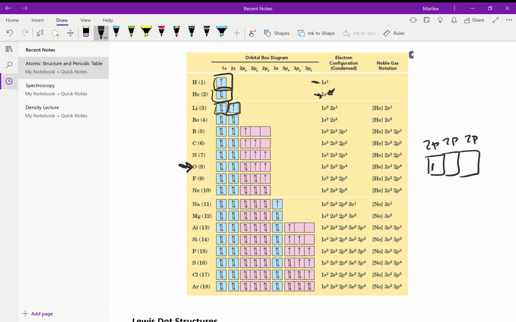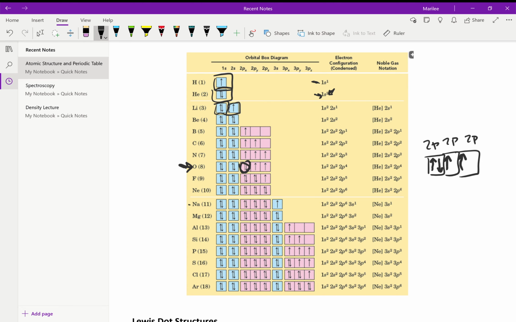So first electron is filled in the first box, second electron is filled in the second box, third electron is in the third box. Then, once all boxes are filled, you pair them. The fourth electron is in the first box. So you can see that here. And once all of them are filled, then you move on to your next orbital.